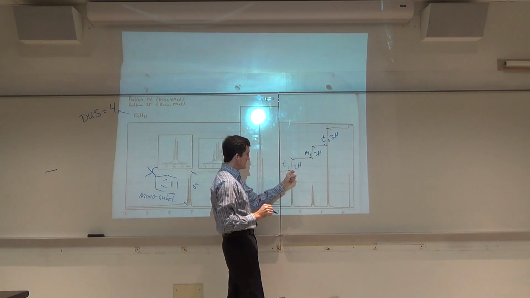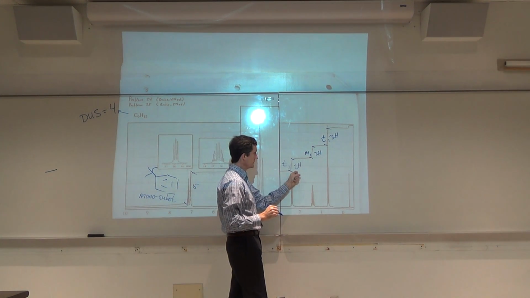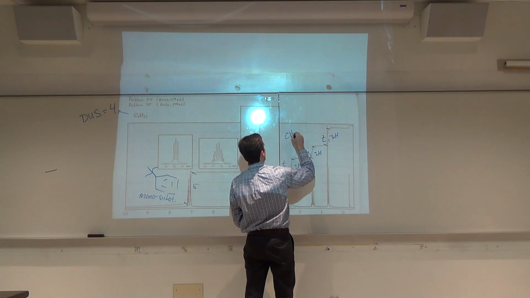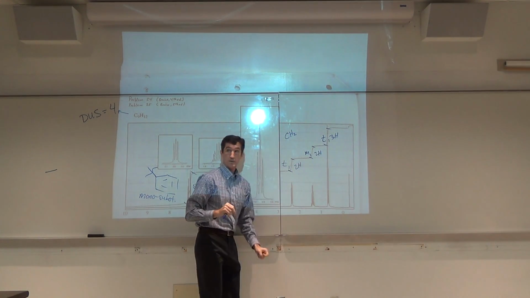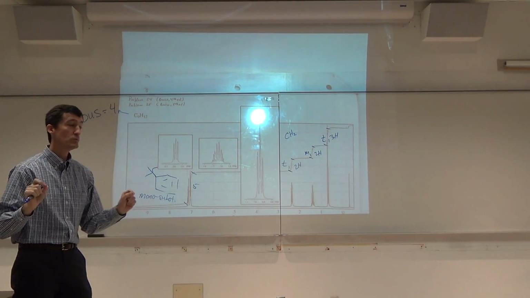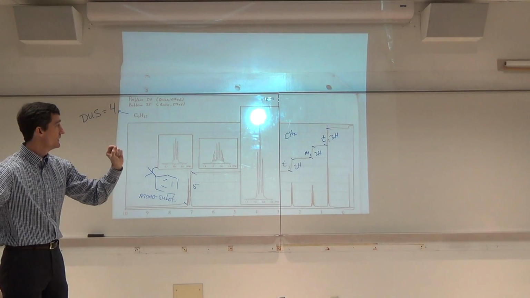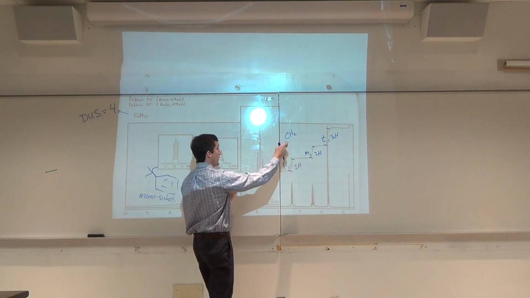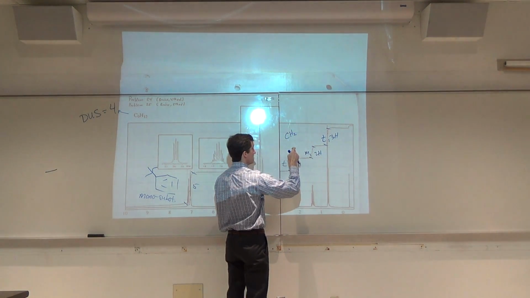The fact that this is 2H means it's a CH2. Now, it doesn't have to be. It could be 2 equivalent CHs that add up to 2 H's. But we're going to think horses, not zebras.